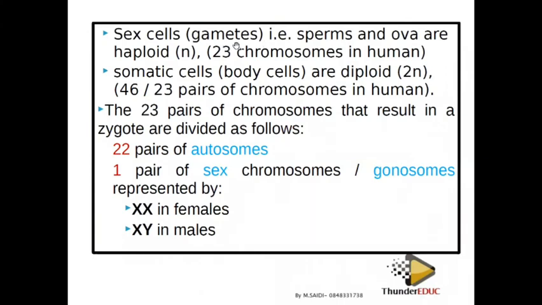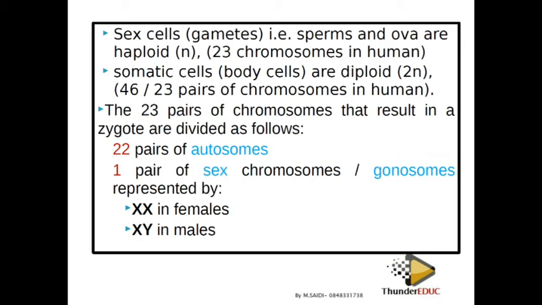Now sex cells or gametes, that is sperm and ova, are haploid, that is n, 23 chromosomes in humans. Somatic cells, how many? Body cells are diploid, which is 46, that is 23 pairs of chromosomes. So the diploid is 46 chromosomes in the case of humans, and haploid is 23, half of 46.